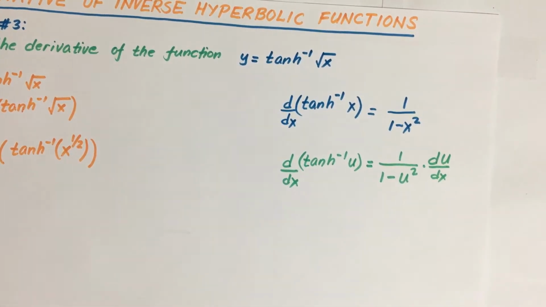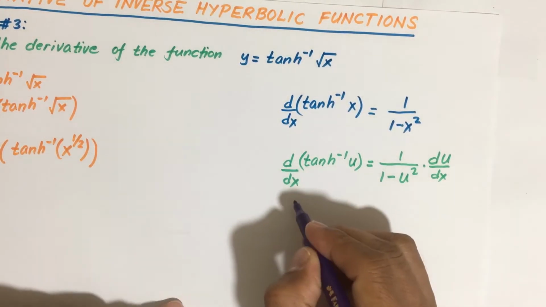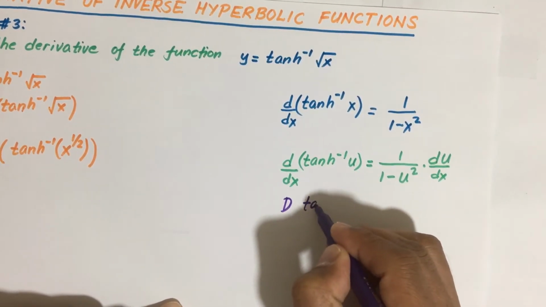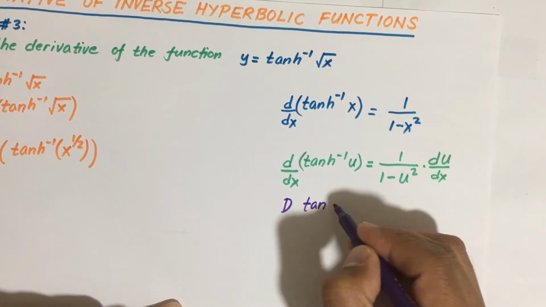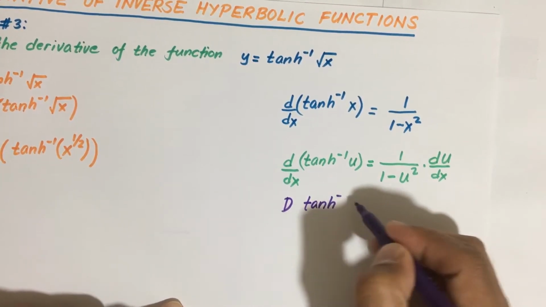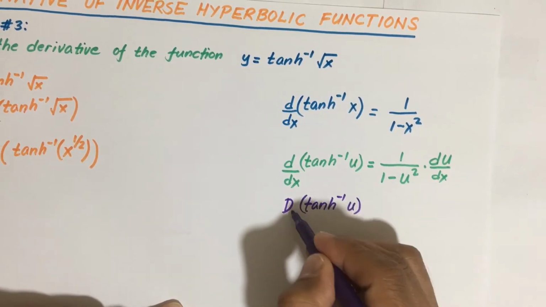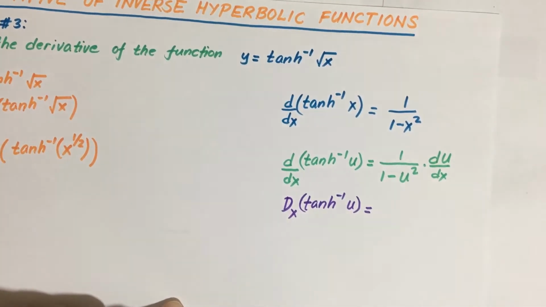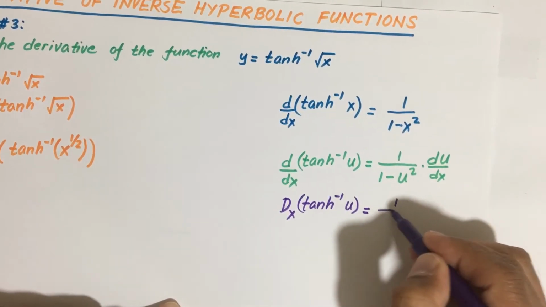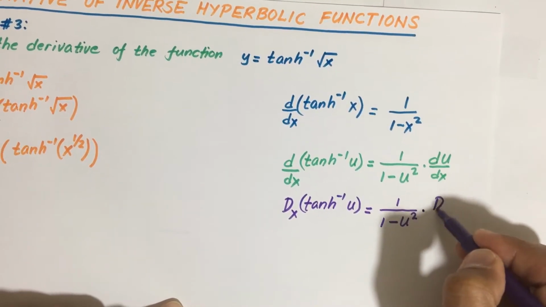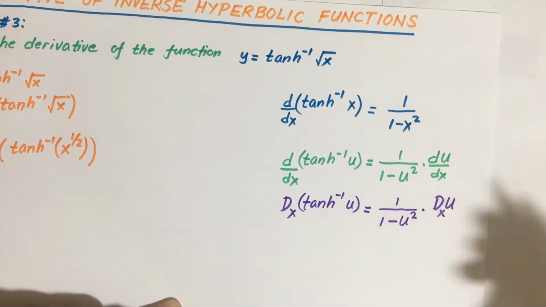Or in another notation, the derivative of the inverse hyperbolic tangent of u with respect to x is equal to 1 divided by 1 minus u squared times the derivative of u with respect to x.